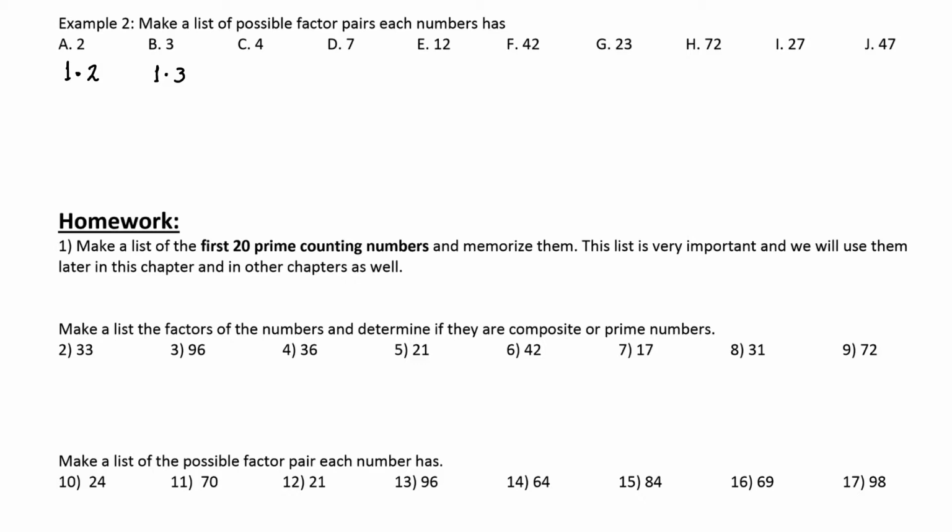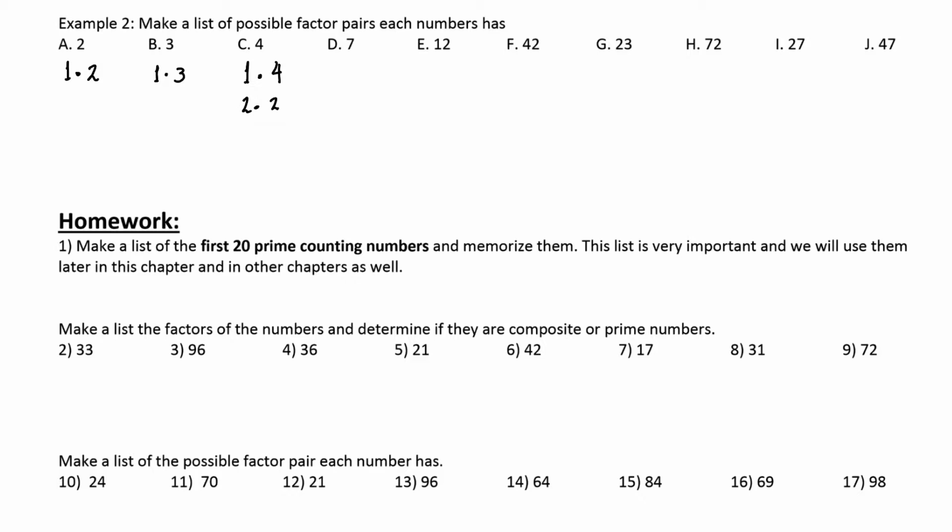Now things start getting a little bit more difficult as the composite number becomes bigger. So in the case for letter C, one factor pair is the number times 1, and the other possible pair is 2 times 2, both of which still give you 4.